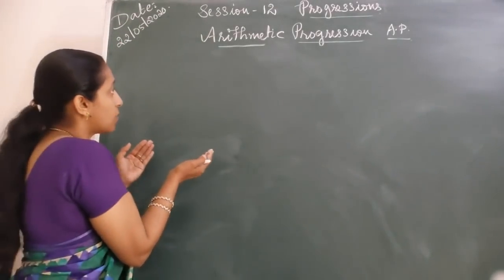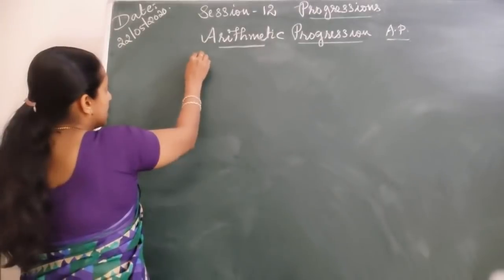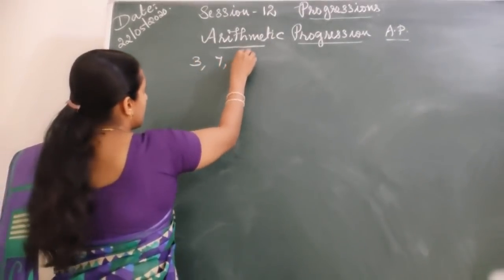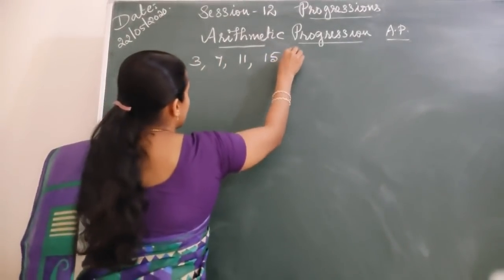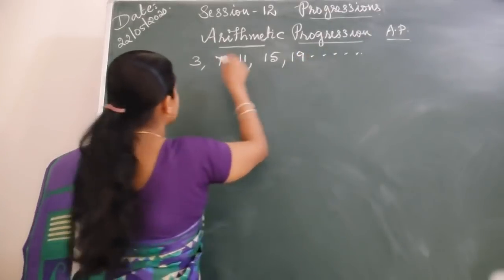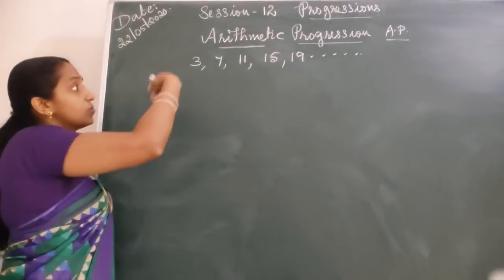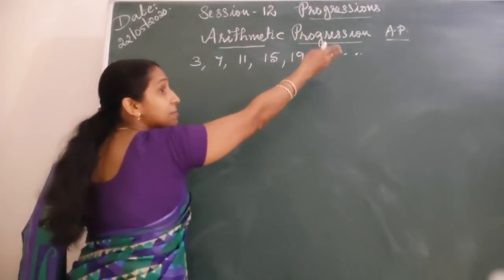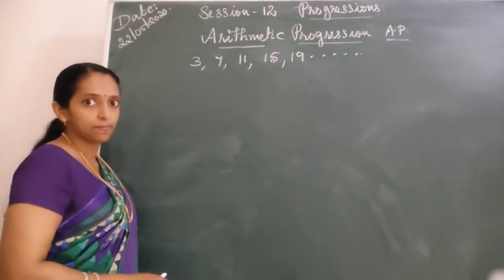If you take a sequence 3, 7, 11, 15, 19, etc., you can see it is following a pattern. You know how to complete the remaining numbers of the pattern, right?